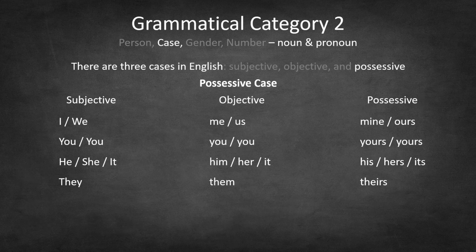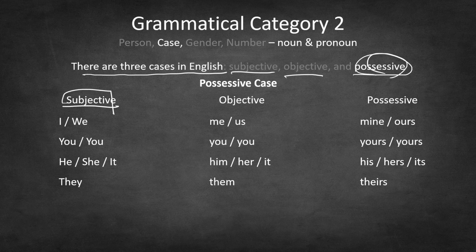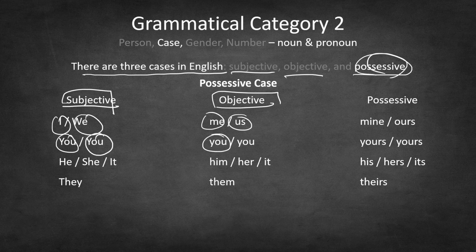Now, this is the last case, which is possessive. There are three cases in English: subjective, objective, and possessive. These are subjective pronouns, and these are objective pronouns. I, me. We, us. You, you. He, him, she, her, it, it.